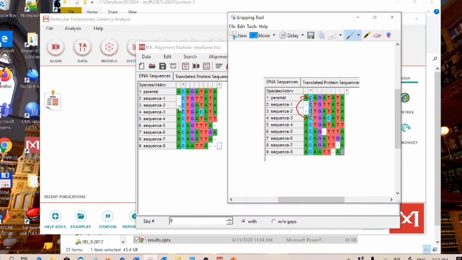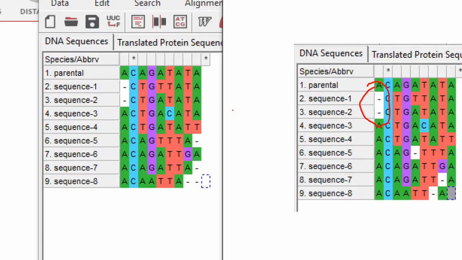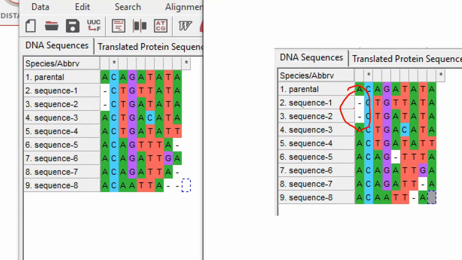And you can see here we've got a comparable alignment. So let me draw it here. Yeah, quite okay.